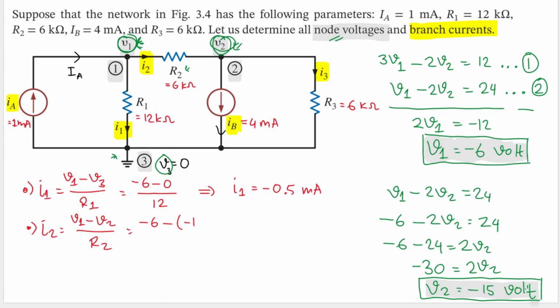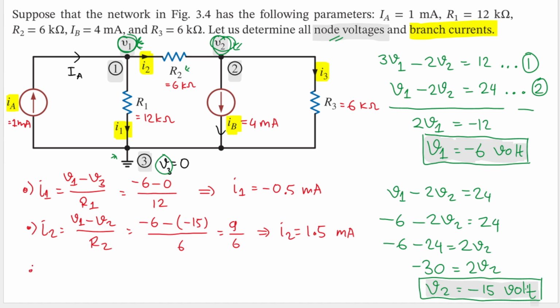And then divided by the resistance between them, R2, which is 6 here. Minus 6 plus 15 is 9. 9 divided by 6, so I2 is equal to 1.5, and the unit will be milliampere.